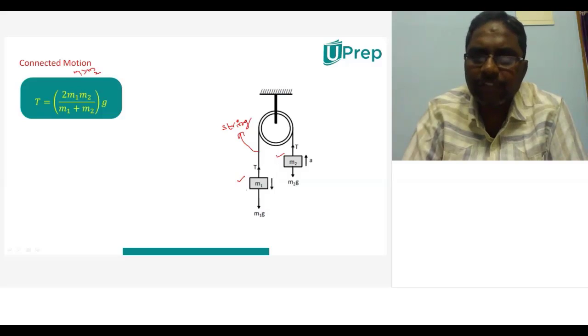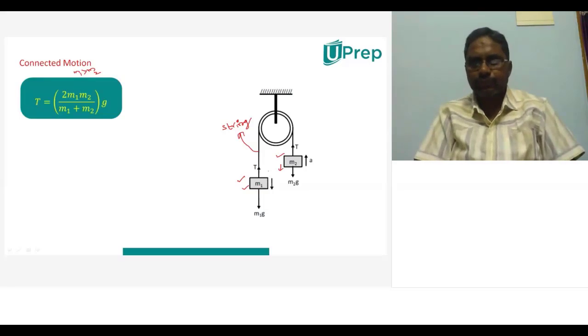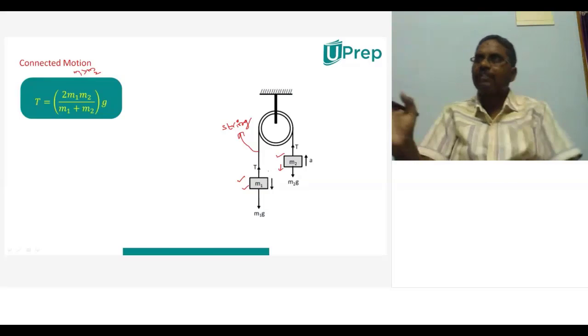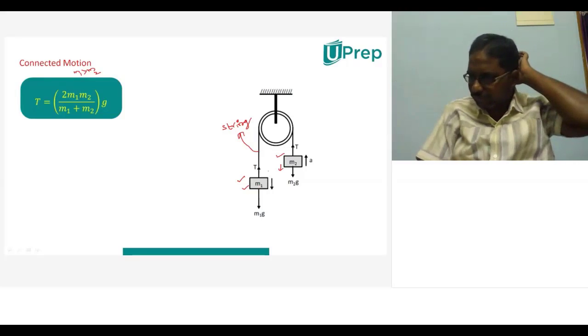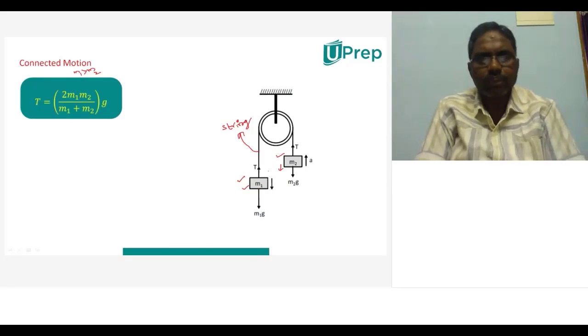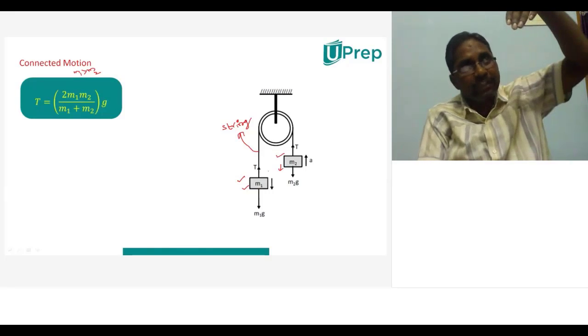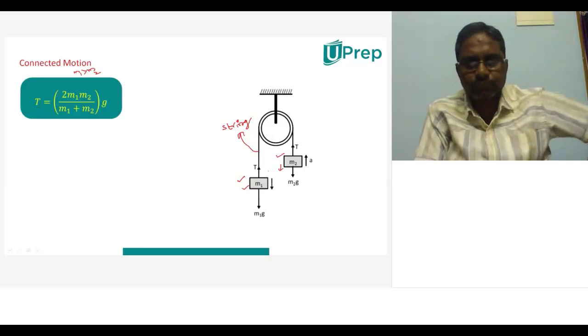If the mass of the first object is more and the mass of the second object is less, tell me which side these connected bodies will move, towards mass m1 or towards mass m2? Towards mass m1. That means mass m1 will move down or up?